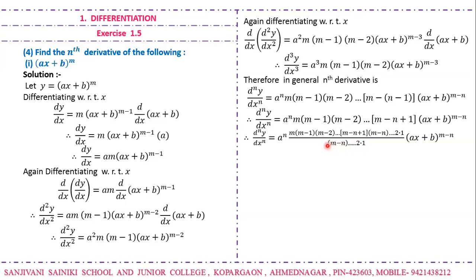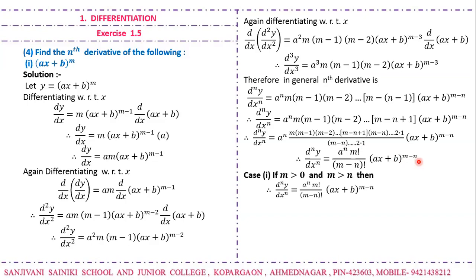And at the same time, we will multiply both these terms in the numerator. So m, this is the product of the natural numbers which are less than or equal to m, so it is nothing but m factorial. And these are the product of the natural numbers which are less than or equal to m minus n. So it is (m minus n) factorial into (ax plus b) raised to m minus n.